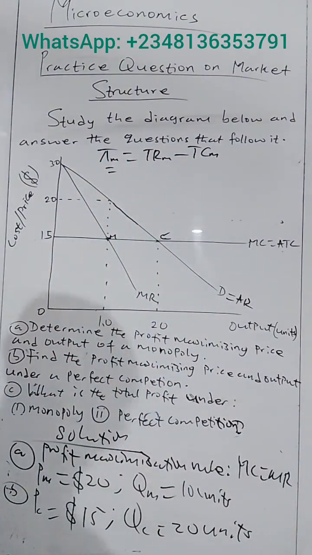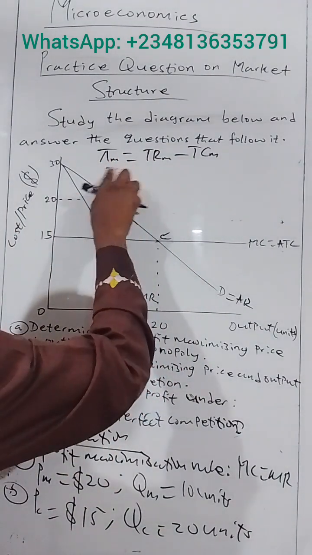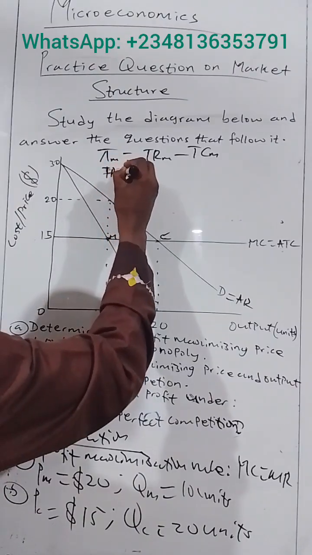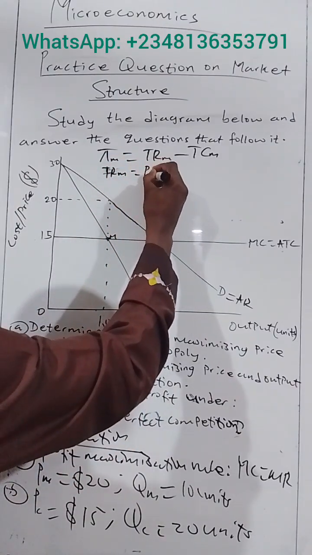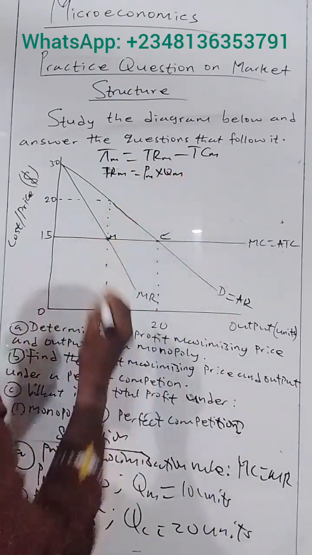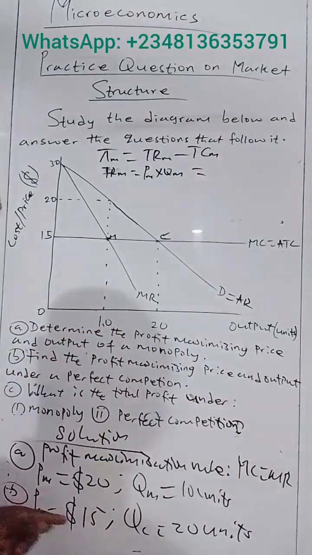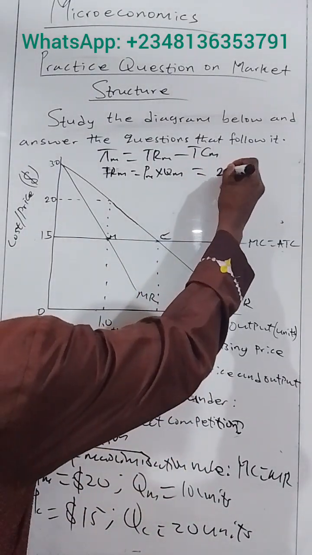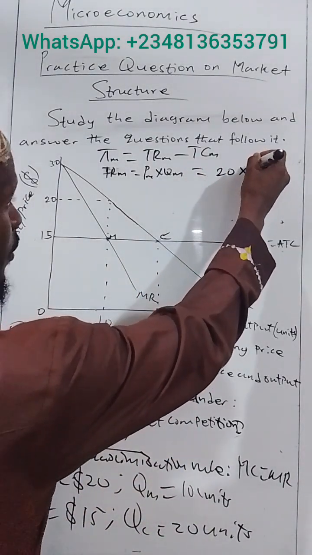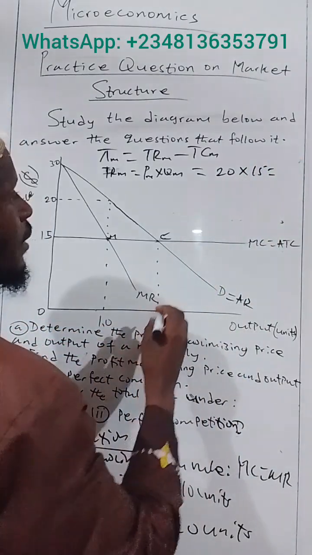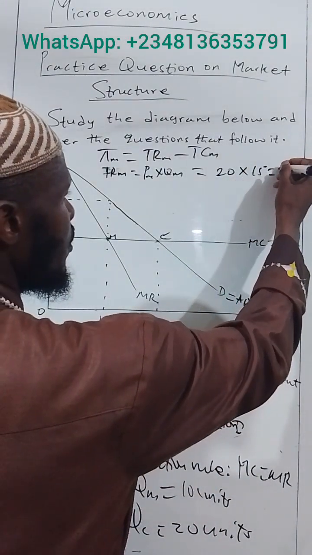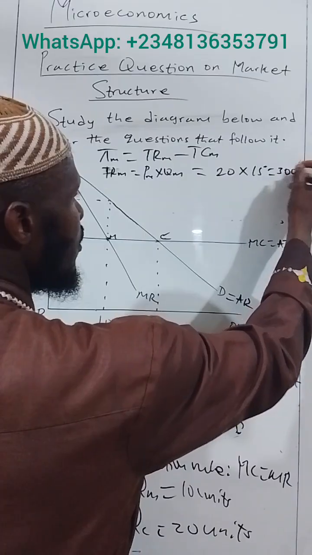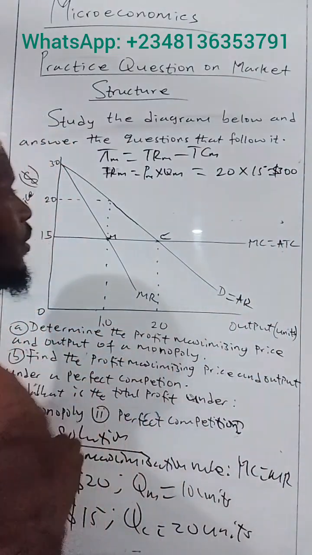The total revenue of monopoly is the price of monopoly multiplied by the output of monopoly. So price is 15 multiplied by 20, okay, that gives us 300 US dollars.